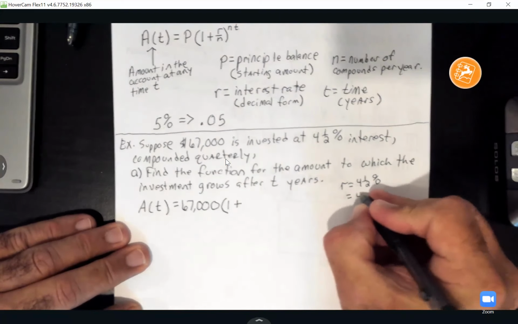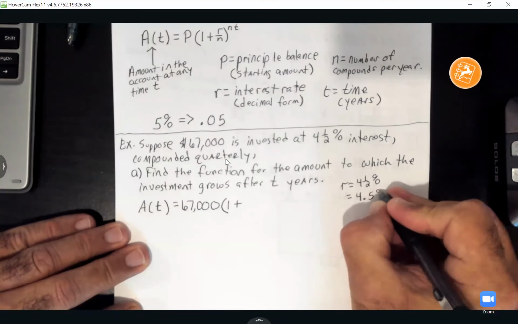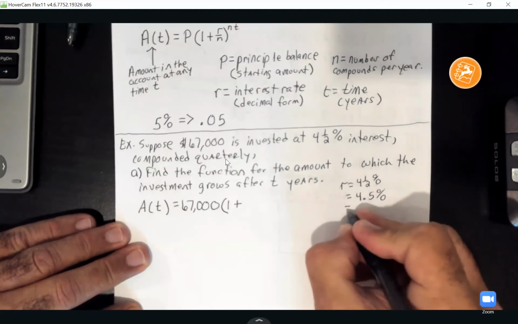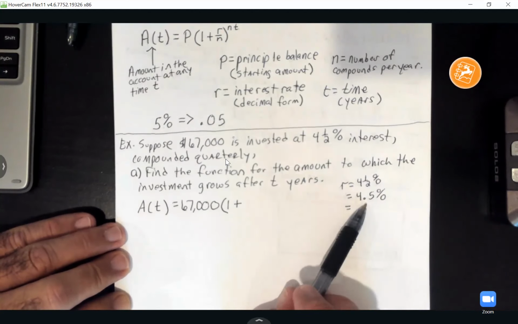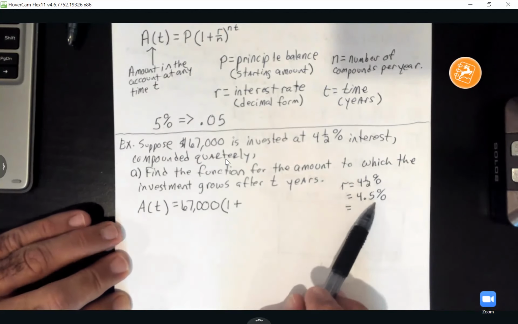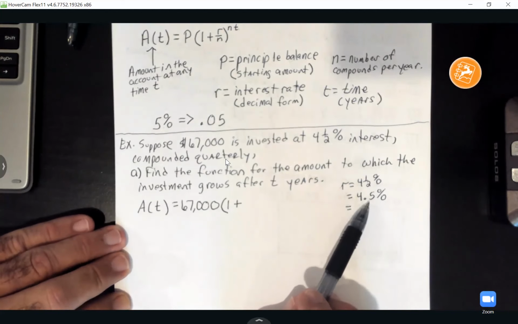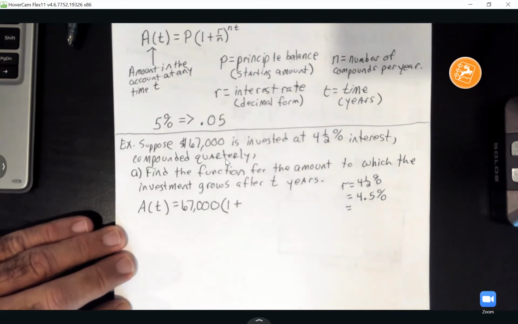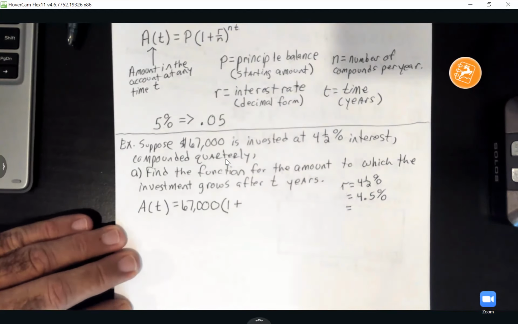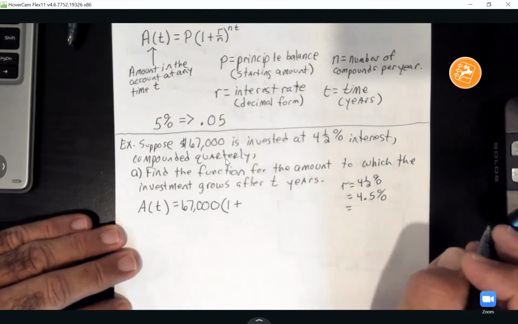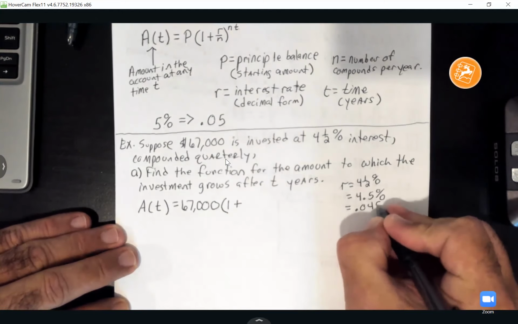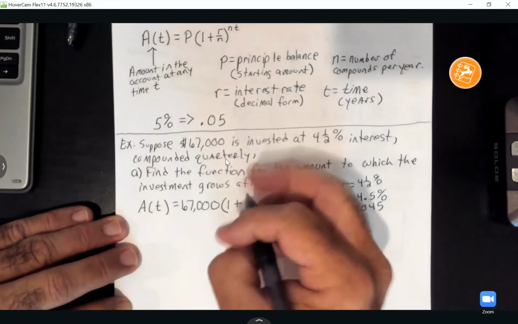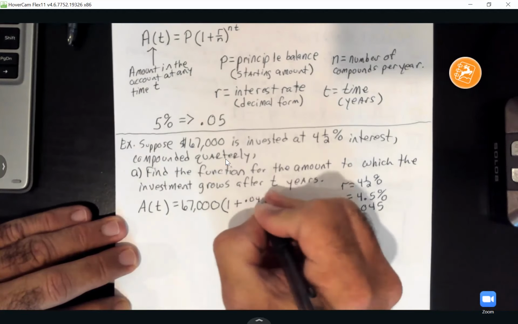If it's a half, I'd make that a 0.5. If it's 1/4, I'd put 0.25 and so on, okay? Now, 4.5%, what is that in decimal form? 0.045. So that's going to go in here for the R, 0.045.